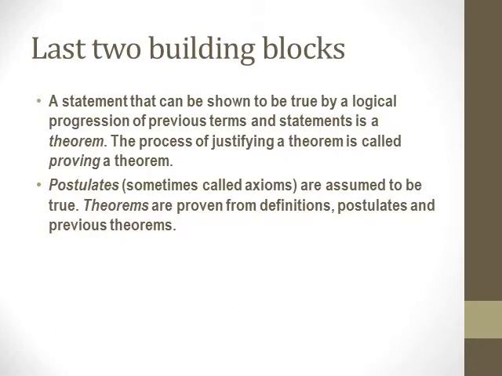In the last two building blocks, I just sort of skimmed over them: postulate and theorem. A statement that can be shown to be true by logical progression of previous terms and definitions is called a theorem. We are going to be proving theorems later on in geometry with what's called proofs.